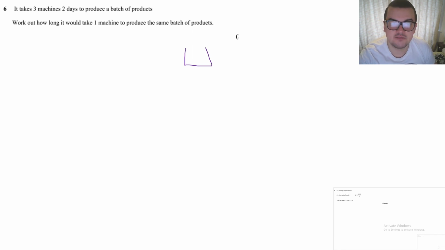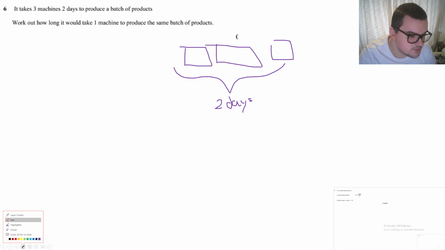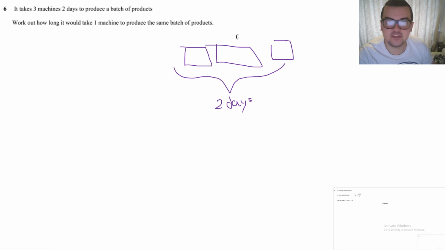So let's imagine 3 machines. And altogether it takes these 3 machines 2 days. Now we are going to cut these machines. We're going to reduce the amount of machines by 1/3. So we've gone from 3 machines to 1 machine.